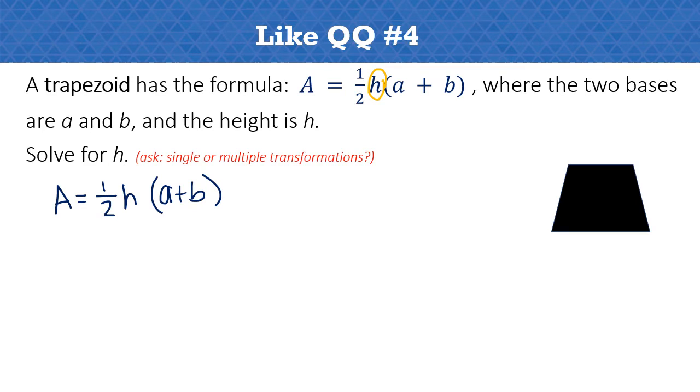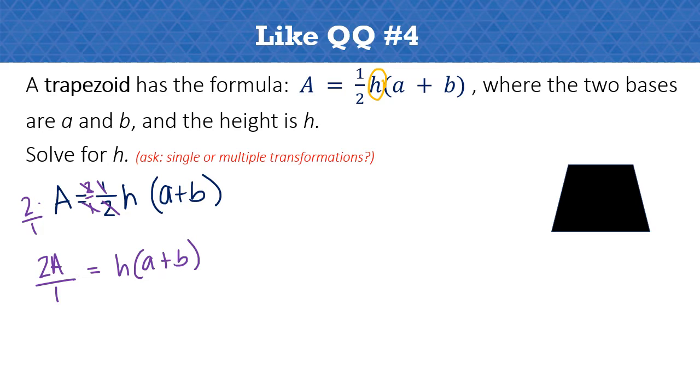When we're dividing by a fraction, though, remember this is where you multiply by its reciprocal. So we're going to multiply both sides by the reciprocal of 1/2, which is 2 over 1. So that leaves us with 2 times A, or 2A over 1, is equal to h times a plus b.